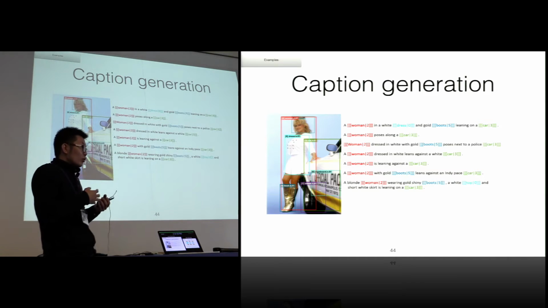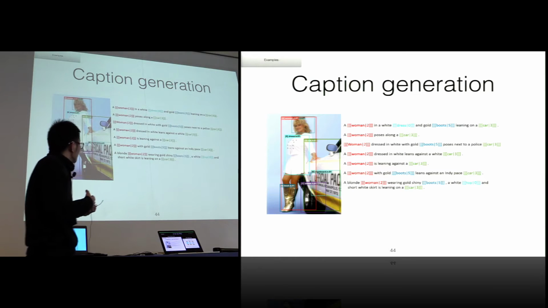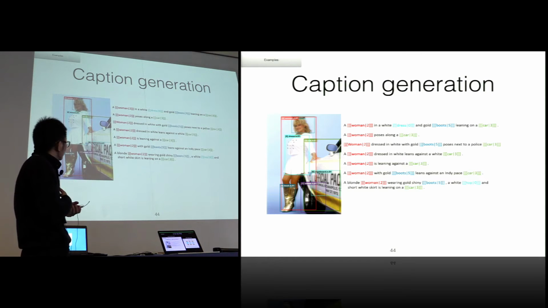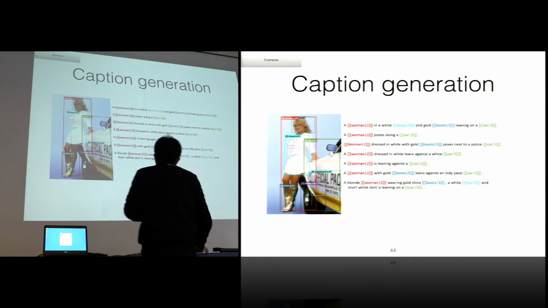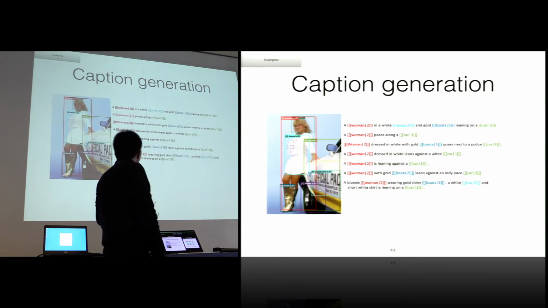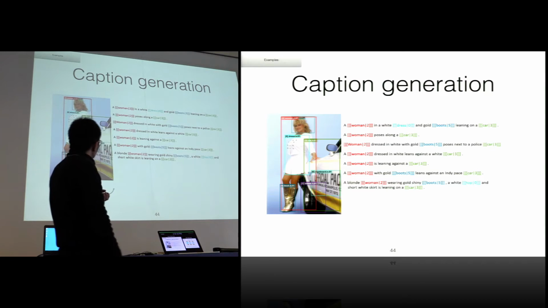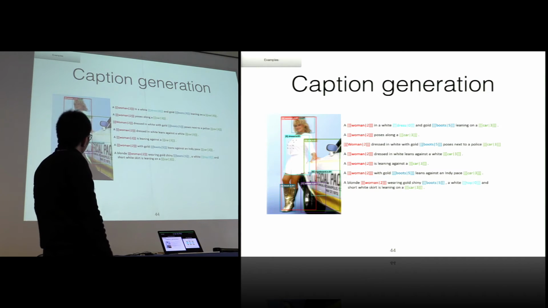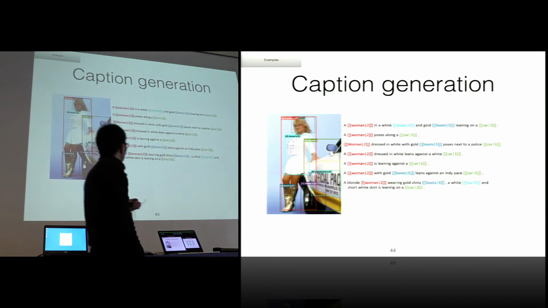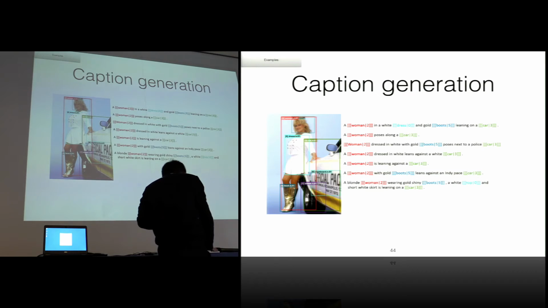You ask the neural network to figure out the best way to describe an image. Of course, this takes a very long time to train, and in the end, it works reasonably well. Like, a blonde woman dressed in white leans against a white car. It's very reasonable.